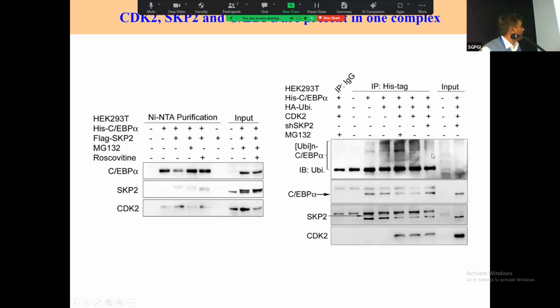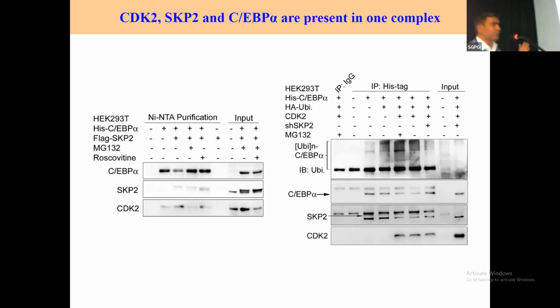Everything else is present in both the conditions, which shows that if you remove SKP2 and give CDK2, the ubiquitination observed in case of CBP alpha is completely abolished. So this further confirms that CDK2 stabilizes SKP2 through phosphorylation at serine 64. Once that is stabilized, it ubiquitinates CBP alpha and degrades it.